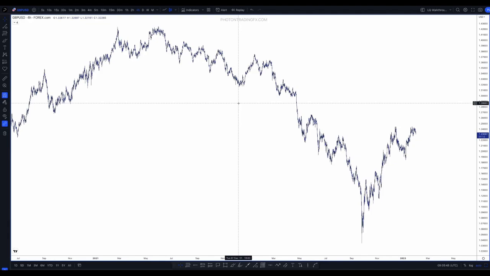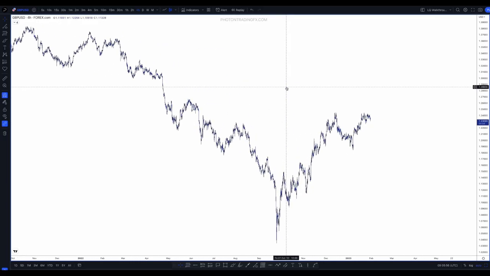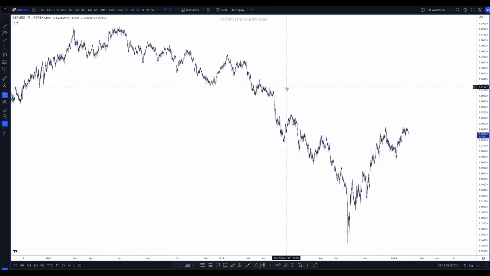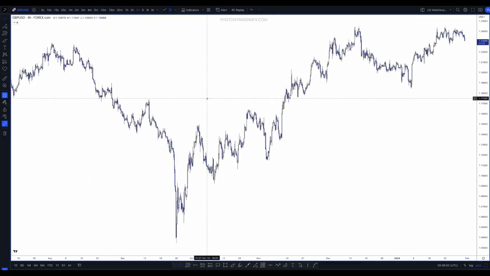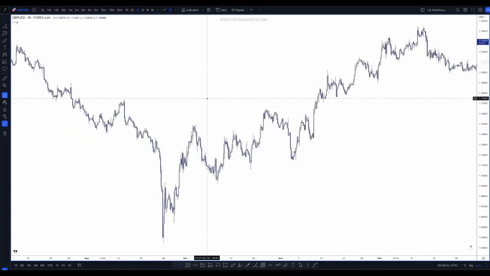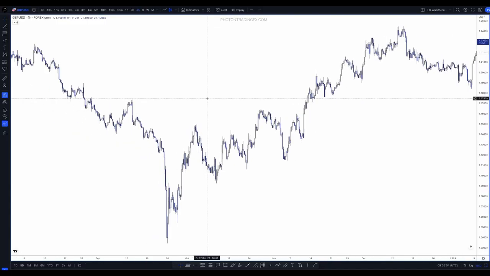I did get some requests to look at pairs other than euro dollar, which is fair enough, just to show you how these concepts are universal and can be applied to any instrument or asset class. So let's zoom in to the recent price action. Like I said before, at this stage of this module, we're just focusing on identifying and defining those individual concepts on their own.